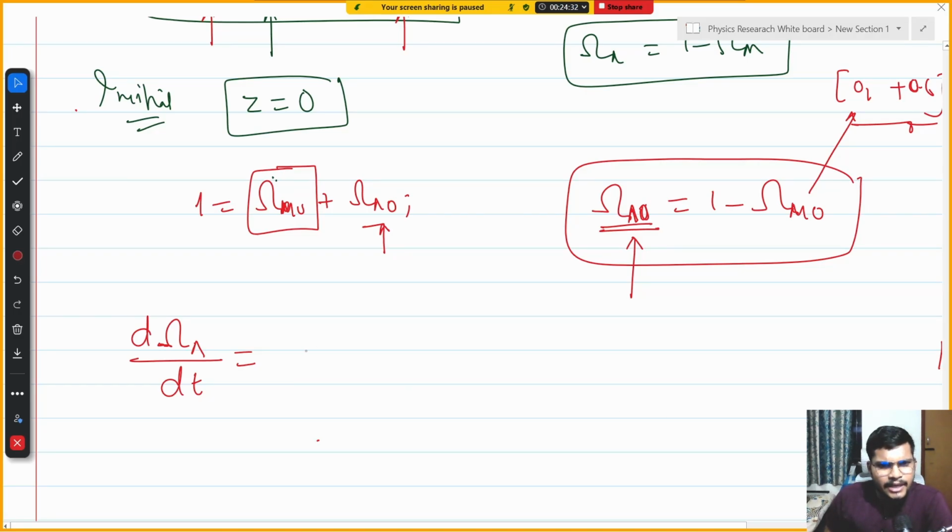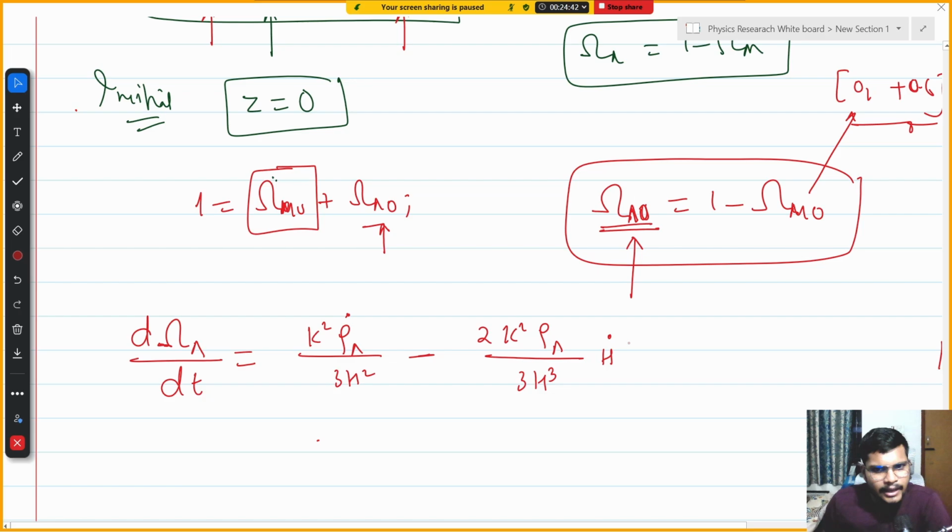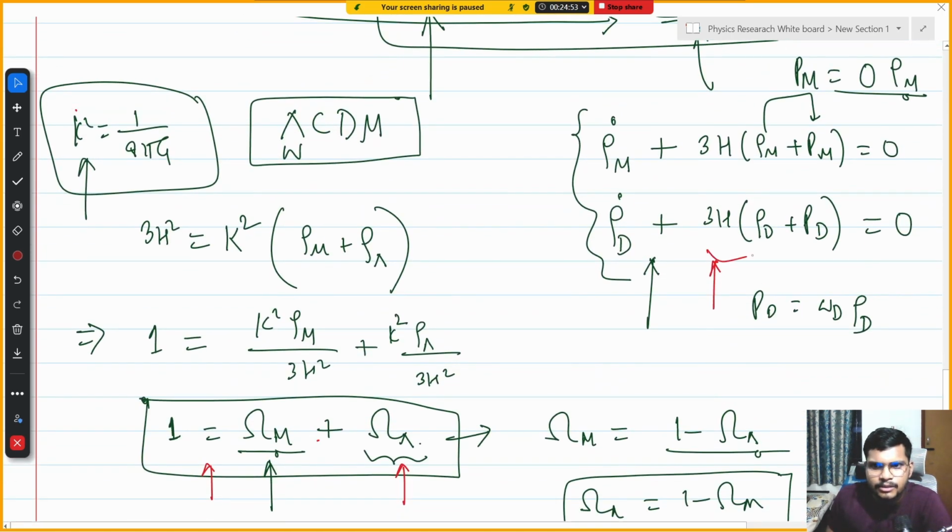So I can say kappa squared rho lambda dot over 3H squared minus 2 kappa squared rho lambda over 3H cubed times H dot. This is pretty simple.